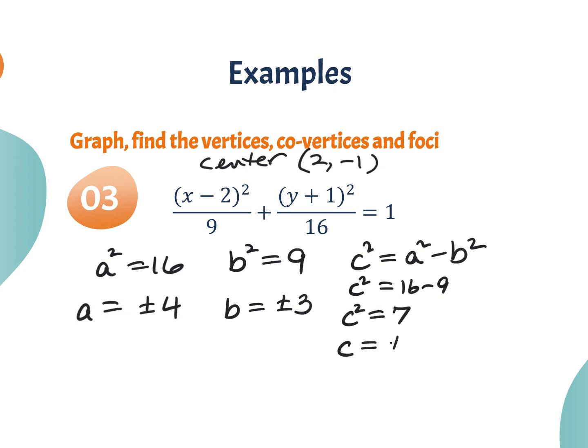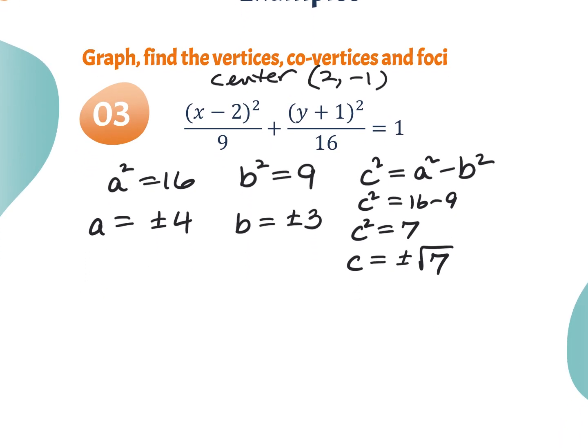So c is going to be plus and minus the square root of 7. So now I need to find my vertices, my co-vertices, my focus points. So let's go ahead and do that. Now the square root of 7 is approximately equal to 2.6. I'm just going to round it to the tenths place.